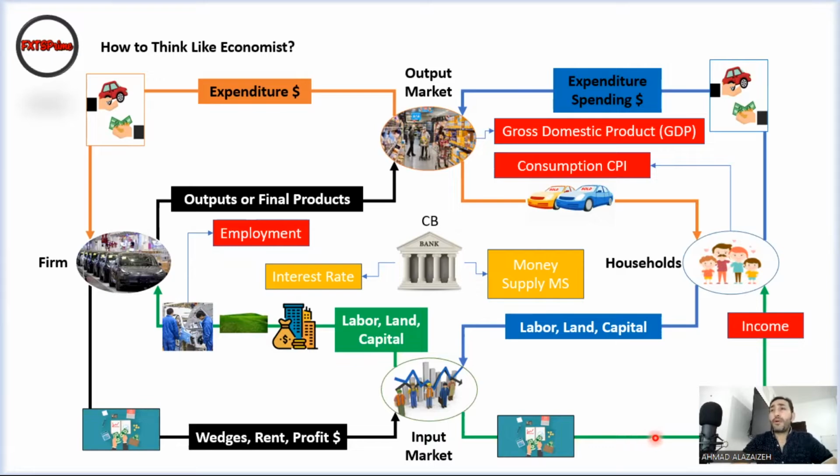However, we have spoken about some indicators in this cycle, and we have said that the central bank will use the tools of interest rate and money supply to control those indicators. So in the previous video, we discussed the gross domestic product, which is the GDP. And today we're going to discuss consumption, which is the CPI.